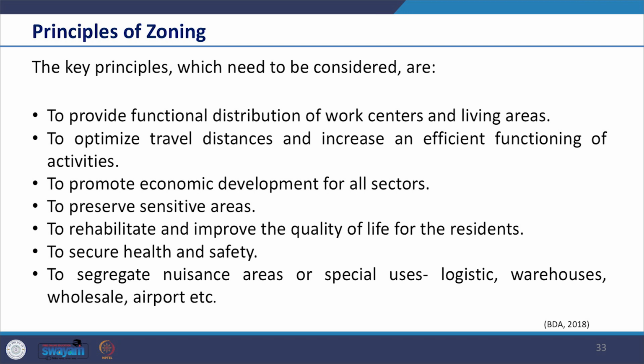Further, to promote economic development, the whole intention of the urban area is economic development, for all sectors of the economy by providing more economic space and efficiency. To preserve sensitive areas at the same time, to look after the forests, parks, sensitive natural resources, heritage areas and water bodies and so on. Further, to rehabilitate and improve the quality of life for the residents.